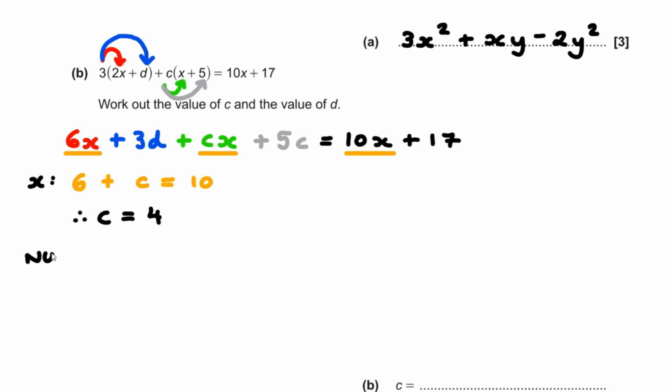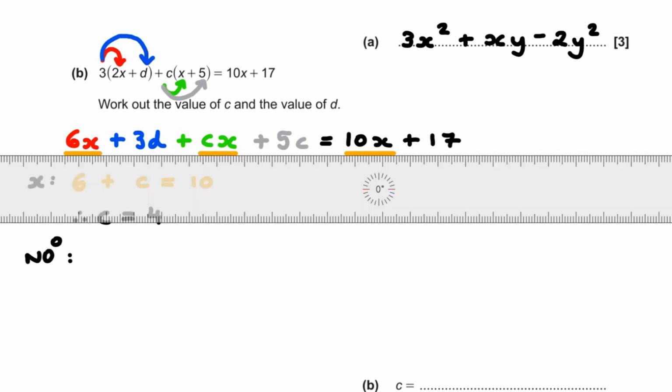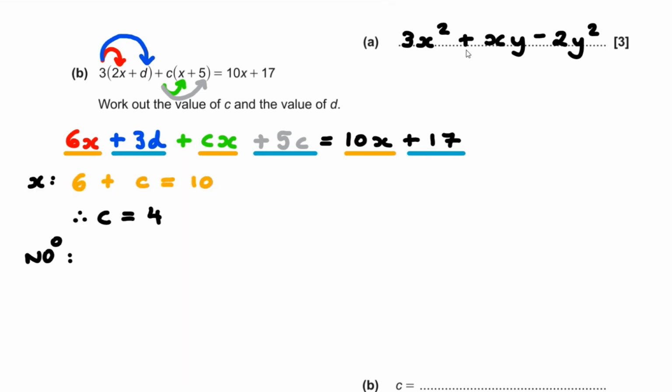Let's take a look at the numbers. For the numbers, we have the 3d plus the 5c, which is equal to the 17. So I've got 3d plus 5c equals 17. I already know what c is, that's 4.